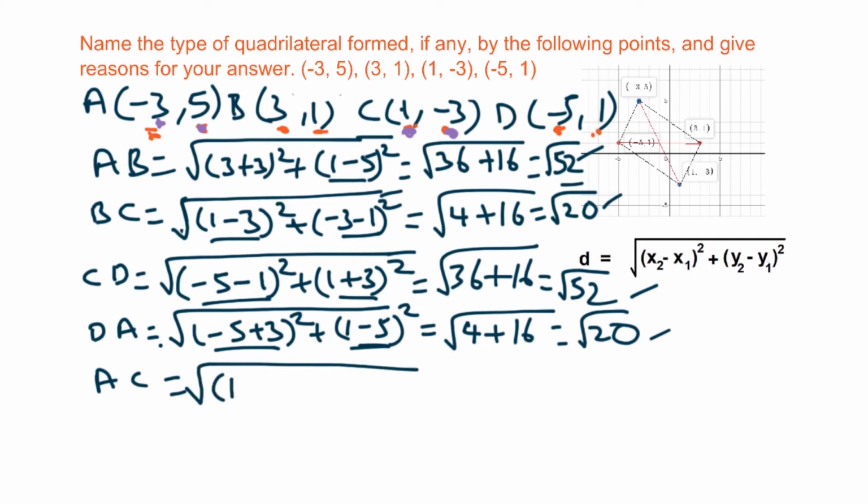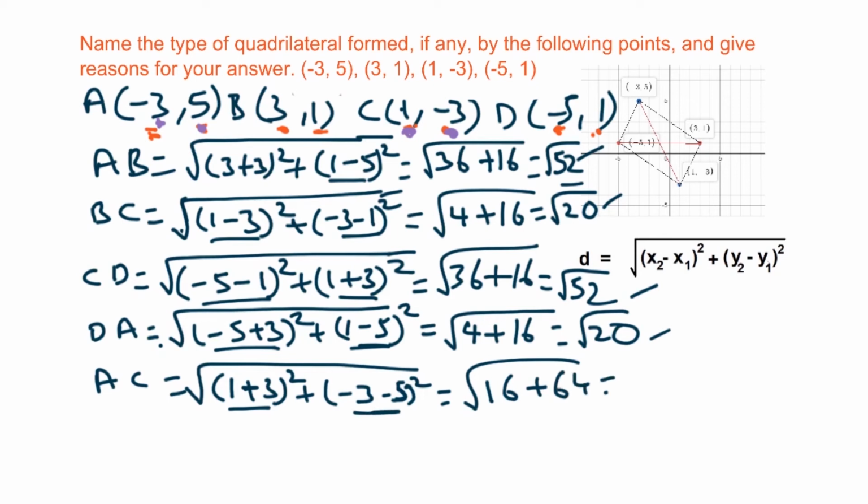So x2 minus x1 is minus 3, so 1 minus of plus 3, plus y2 minus y1, minus 3 minus 5 whole square. 1 plus 3 is 4, 4 square is 16, plus minus 3 minus 5 is minus 8, minus 8 square is 64. 16 plus 64 is square root of 80.